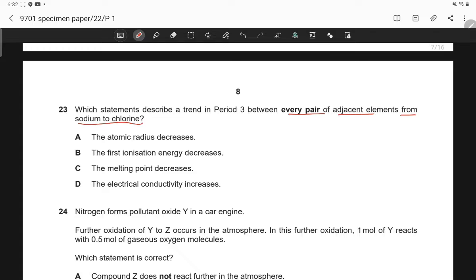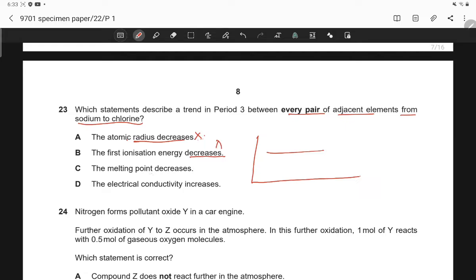From every adjacent element, the atomic radius decreases. No, the atomic radius increases. The first ionization energy increases across the period. Atomic radius decreases. Nuclear charge increases. Atomic radius increases, so this is incorrect.